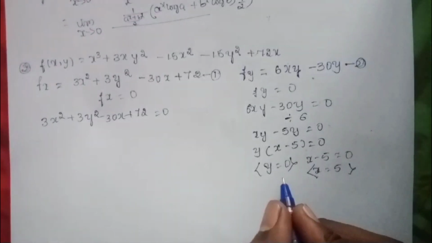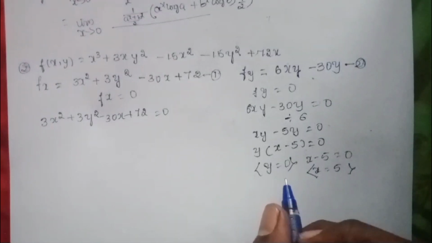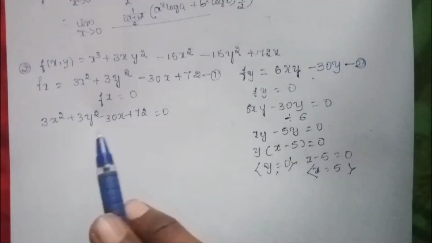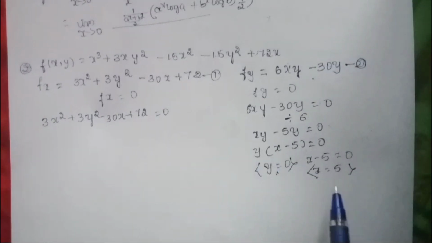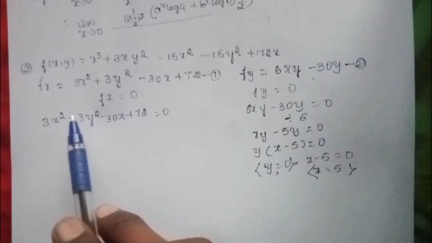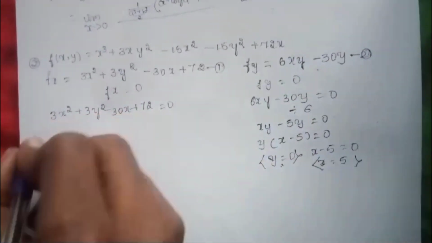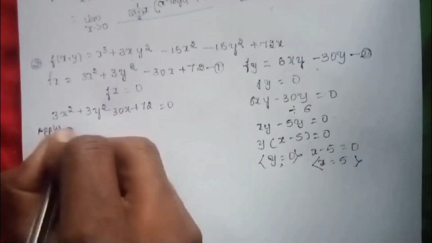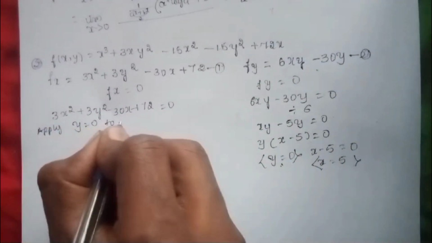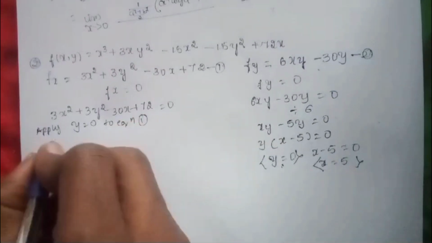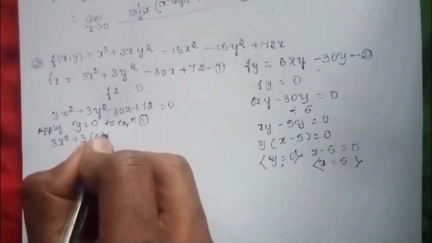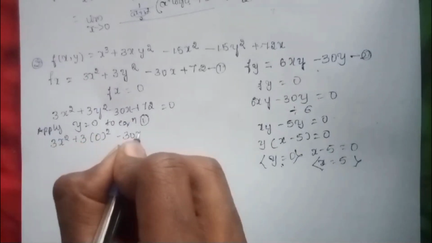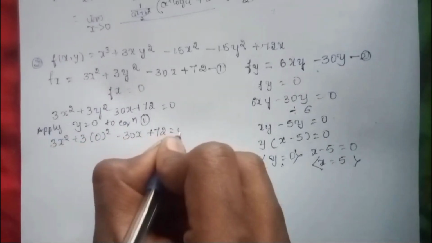We get y is equal to 0 and x is equal to 5. In order to get the stationary points, we need to apply y is equal to 0 once to equation 1 and x is equal to 5 once to equation 1. First apply y is equal to 0 to equation 1. We get 3x square plus 3 times 0 square minus 30x plus 72 equals 0.